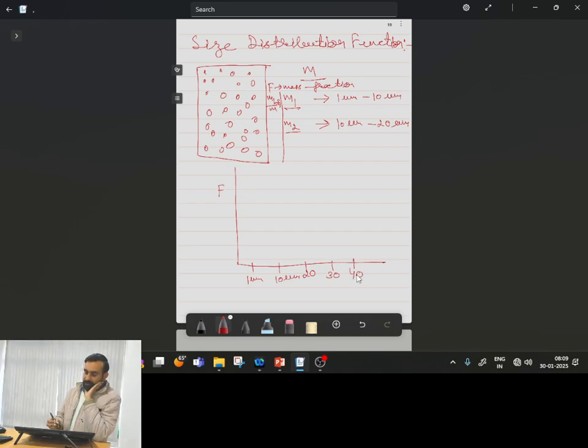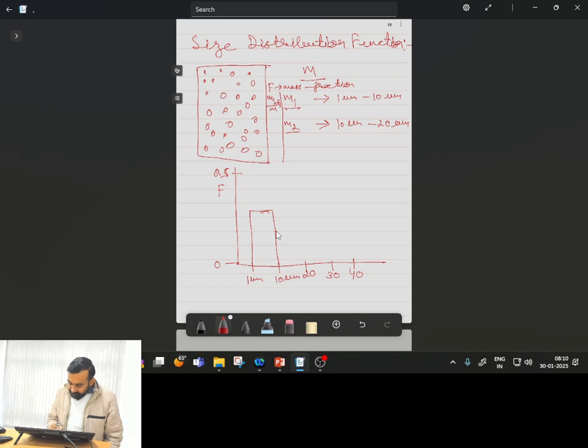Say from 1 to 10 I have a fraction value somewhere. What will be the scale of this? It will be from 0 to maximum 1, if the entire sample consists of one particular type. Overall, let me consider it 0.5, because the sum of all fractions has to be equal to 1.